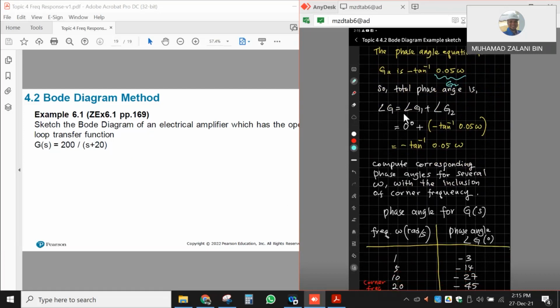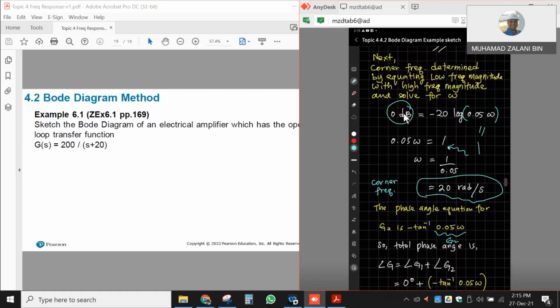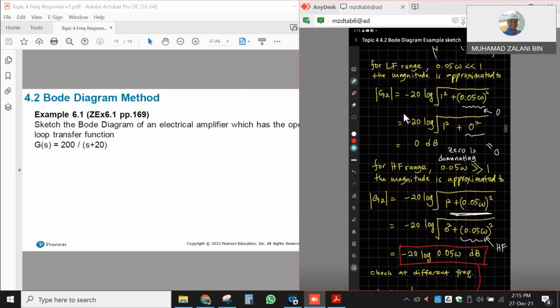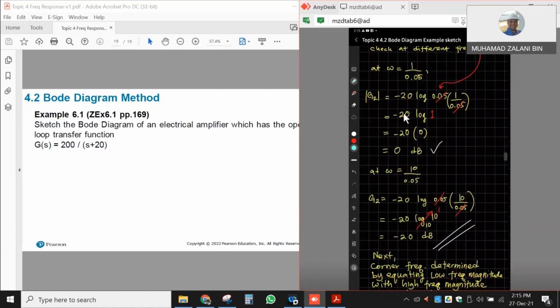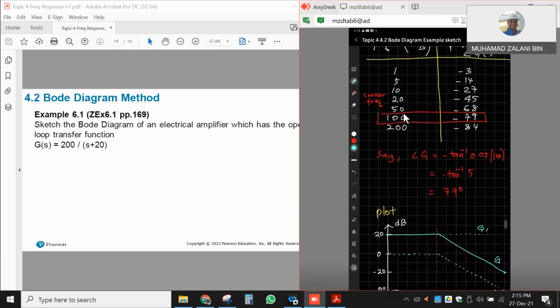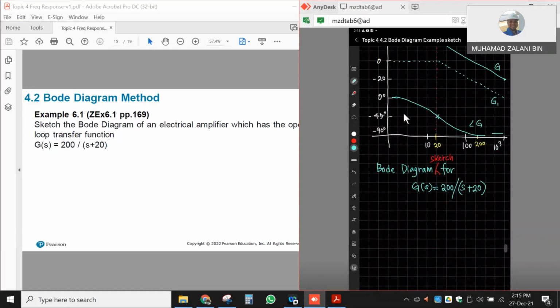So angle of G1 is 0 degree, because it is a constant factor, right? So the angle of a constant factor is 0 degree.